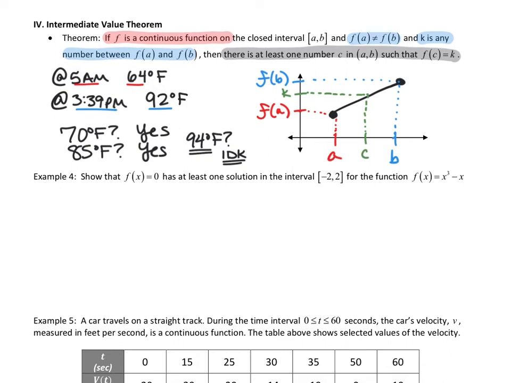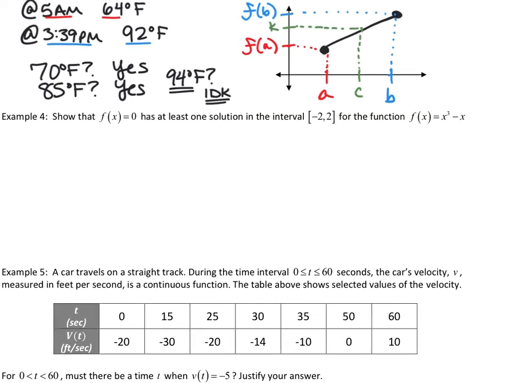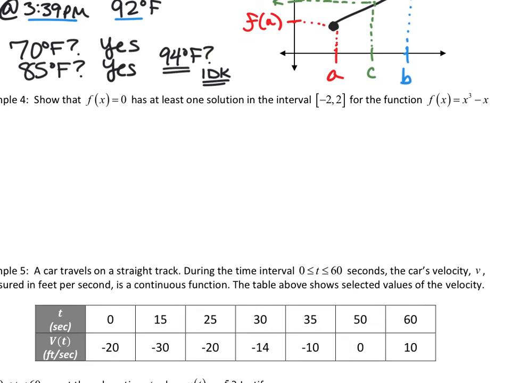This is kind of like a writing question, so stick with me on the writing. In example 4, here's how it might look. We want to show that f of x equal to 0 has at least one solution in the interval between -2 and 2 for this function, f of x equal to x cubed minus x. The first thing we do is show that it's continuous.